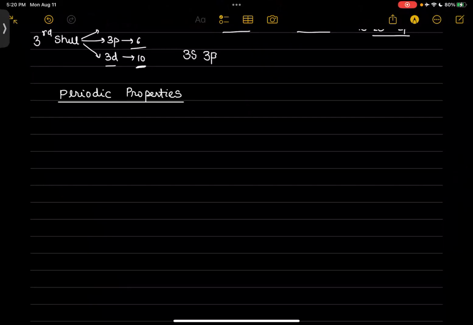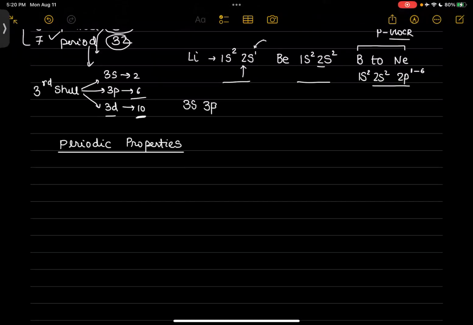Yeah, actually the trends, as you are moving from left to right in a period, how the size of the elements is changing, or if you are moving down in a group, how the size is changing. Other properties are also there. Yes, sir. Ionization energy. Okay.